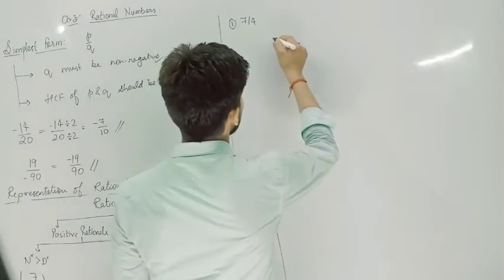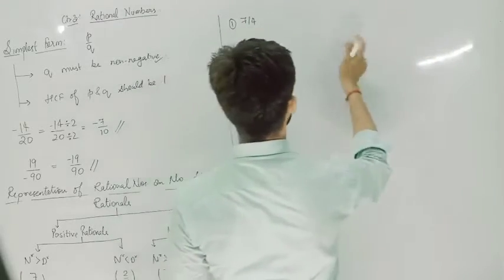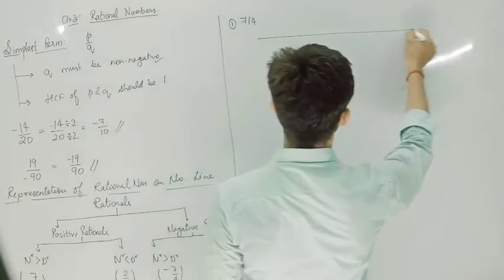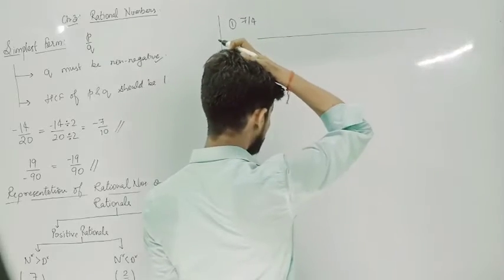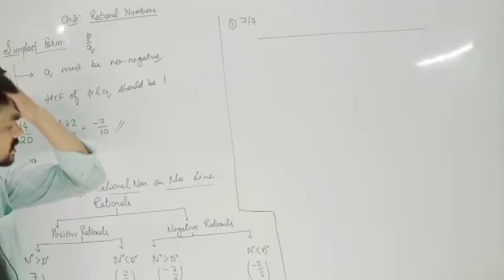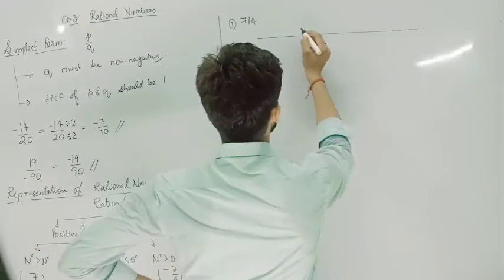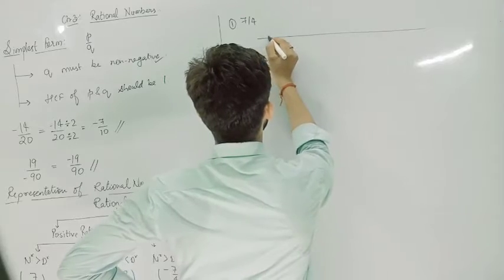Now draw a line. With the help of a scale, draw a straight line. Which number is greater, my dear? Numerator is greater. So how much is it? It is 7. So make 7 equal parts on the number line. This is 0.